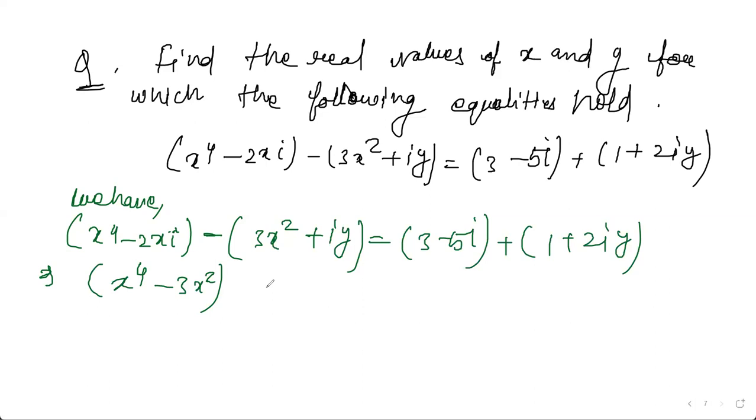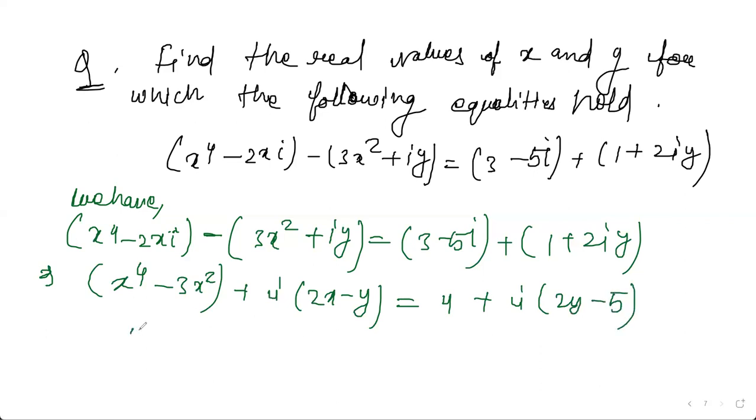plus i(2x minus y) equal to 4 plus i(2y minus 5).